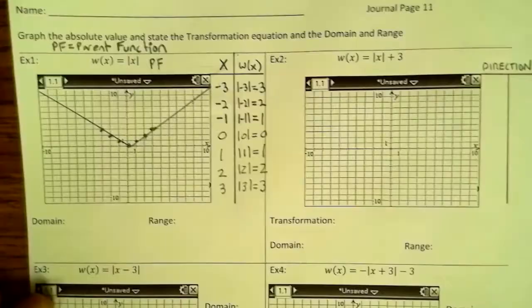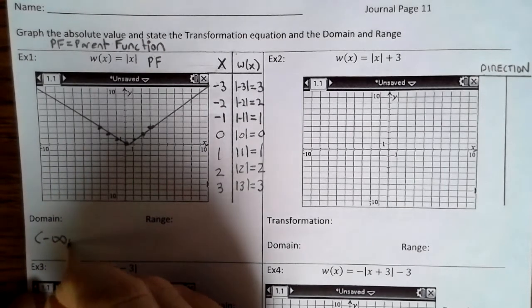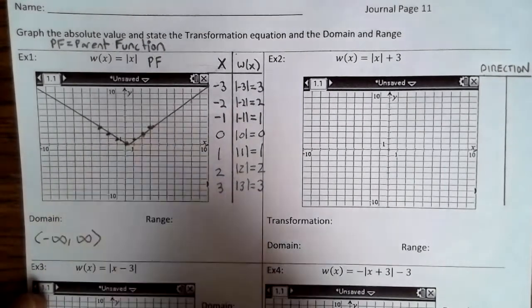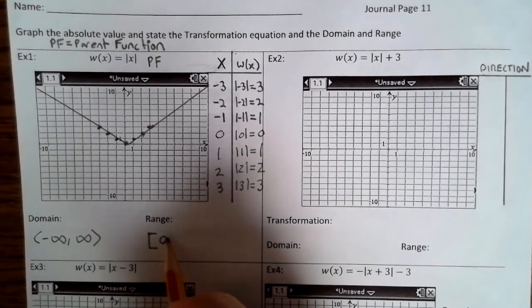Okay, now we know from our notes that the domain is negative infinity to positive infinity, and the range is bracket 0 to infinity.